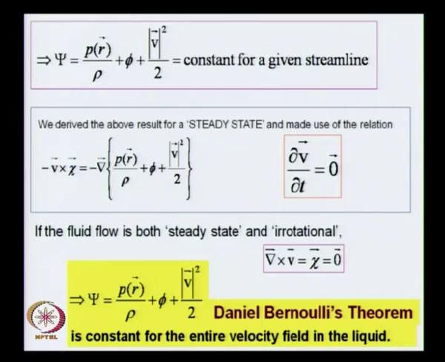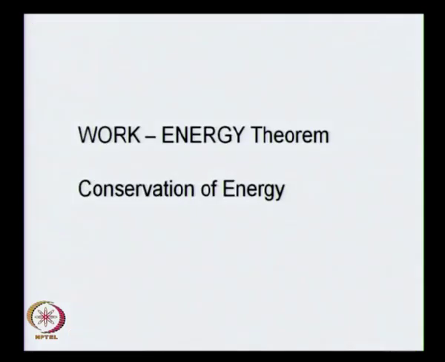So this is Daniel Bernoulli's theorem, and we have obtained it using vector calculus, and this connects to the work energy theorem in which the Bernoulli's principle is very often interpreted in high school books. Okay?